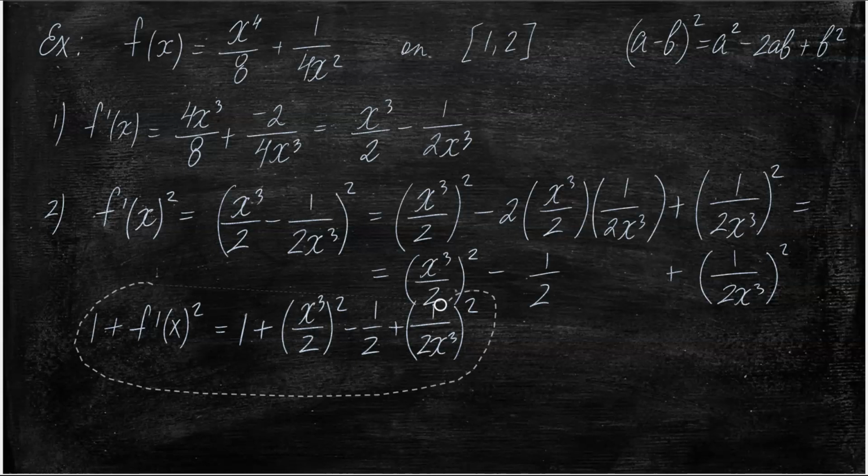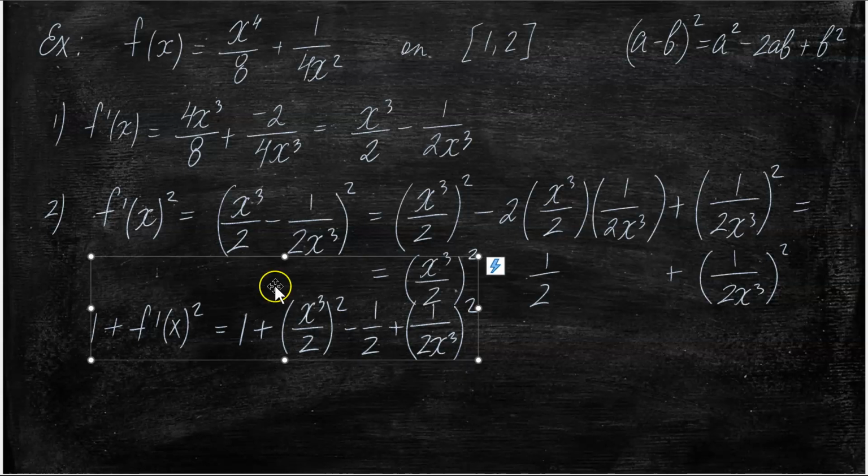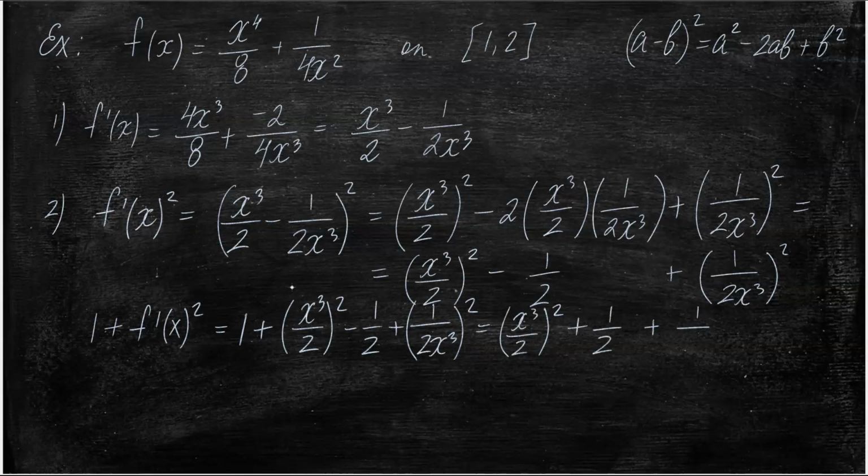So I want to write this out carefully here, just to make sure you see this pattern. Basically we're going to end up with the same exact expression, but instead of minus 1/2, we're going to have positive 1/2.